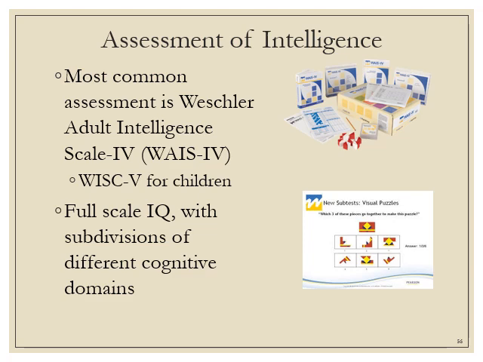What you get out of the WAIS is a full scale IQ, so when people talk about their IQ scores, that's what they mean. It's this full scale IQ, and most of the time that's based on the WAIS. And then there are subdivisions of different cognitive domains within the WAIS.